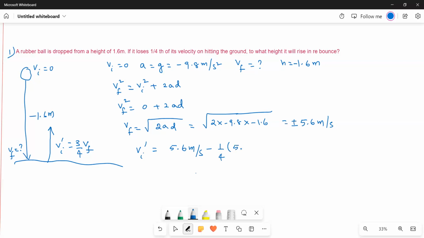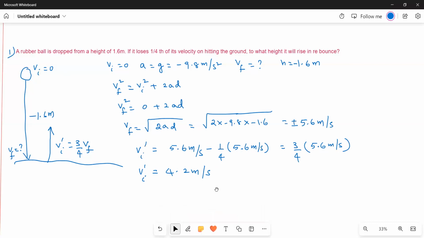So this gives 3/4 times 5.6 meters per second, which is equal to 4.2. Vi dash is equal to 4.2 meters per second. As it is going up, it will be the positive sign, so plus 4.2 meters per second. And I will take g as the same.